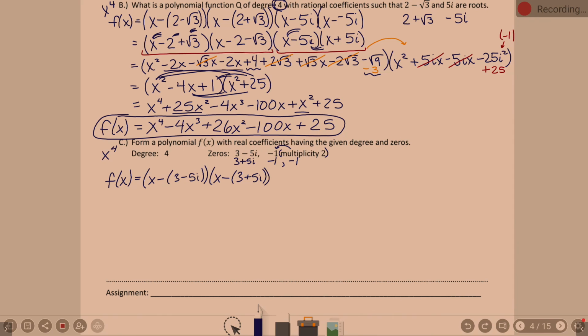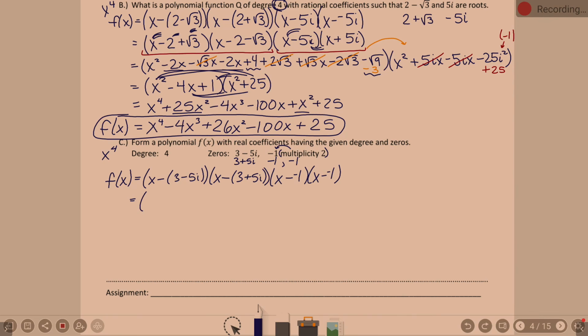Then there's going to be an x minus -1, which turns into x plus 1. Multiplicity 2 means x plus 1 raised to the power of 2, because remember, multiplicity is your power.